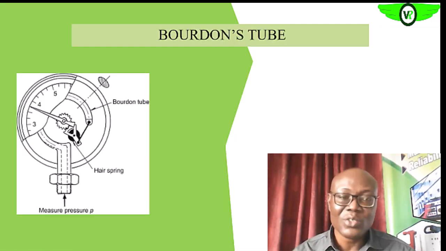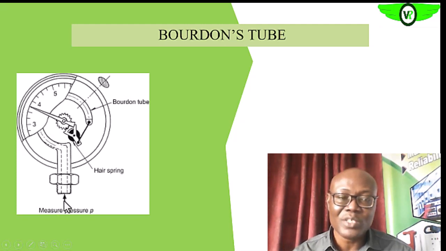So we also have the Bourdon tube. The Bourdon tube is just a tube that is capable of expansion when the internal pressure is increased. What this means is that there is an opening here that goes into this tube.